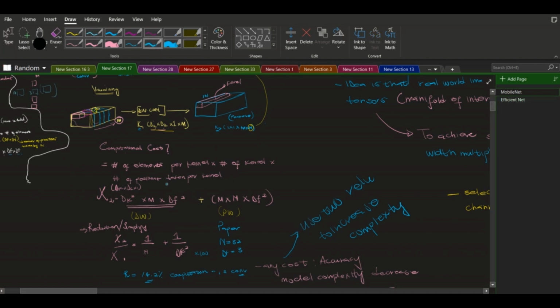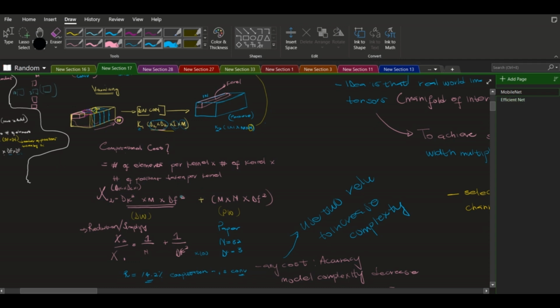But now, what is the computation cost of doing this, right? Because we have Dk, we know that this is going to be Dk squared. The 1 is a constant, so we say by M, which is this M here, times Df squared.